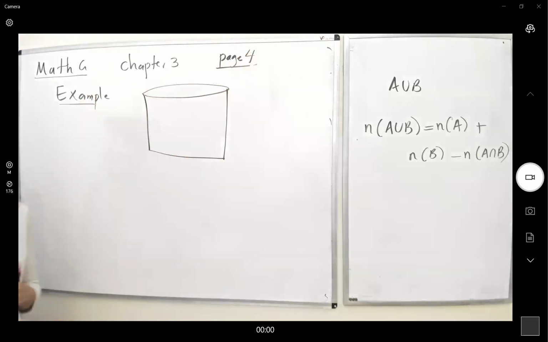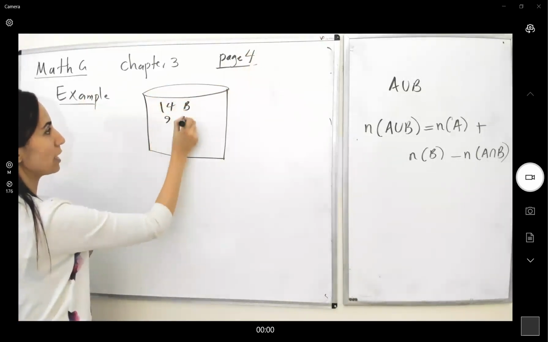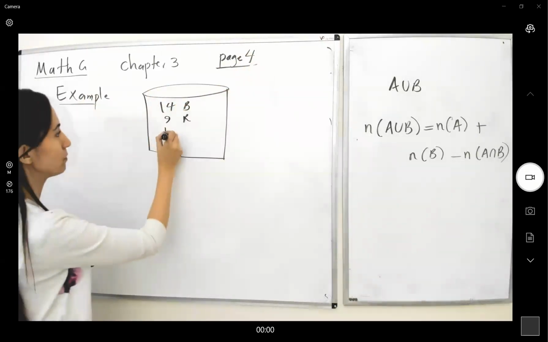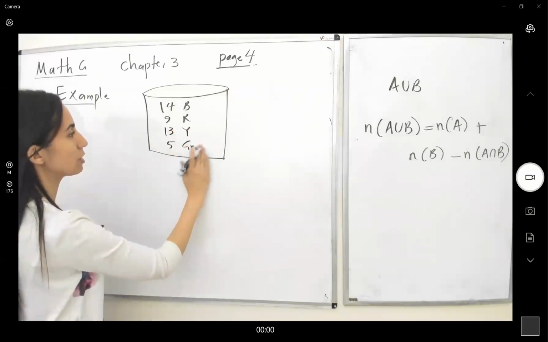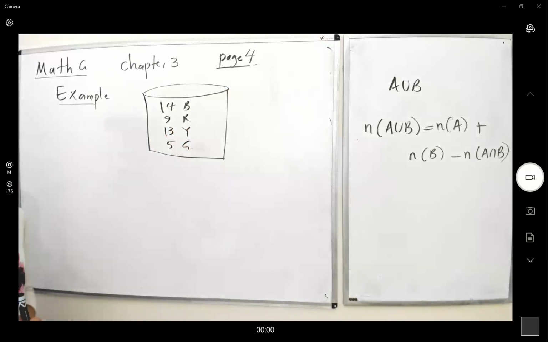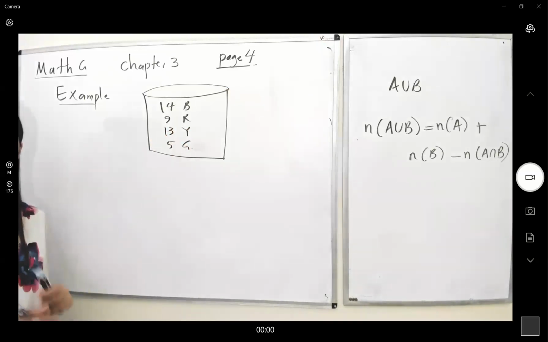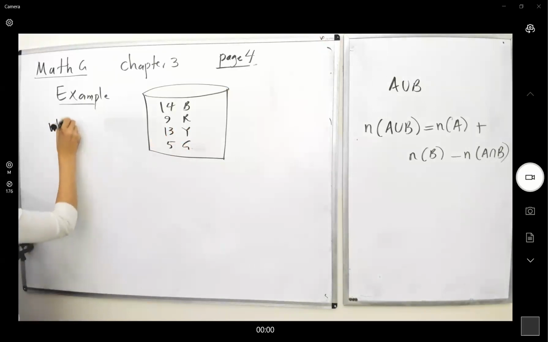This jar contains actually 14 black, 9 red, 13 yellow, and 5 green, let's just use G, jelly beans. You pick a jelly bean. What is the probability that that jelly bean is not red? What is the probability?